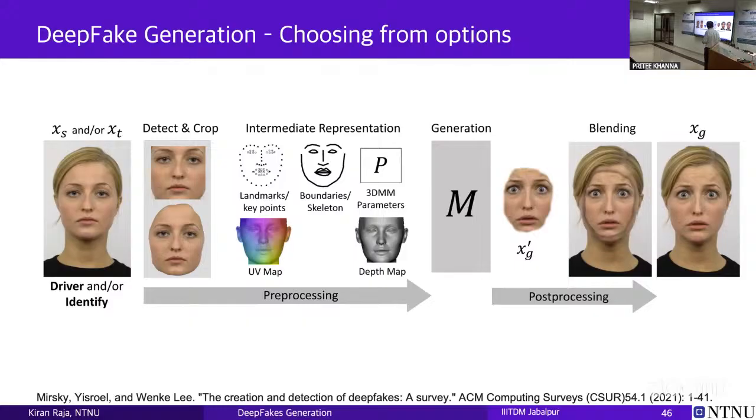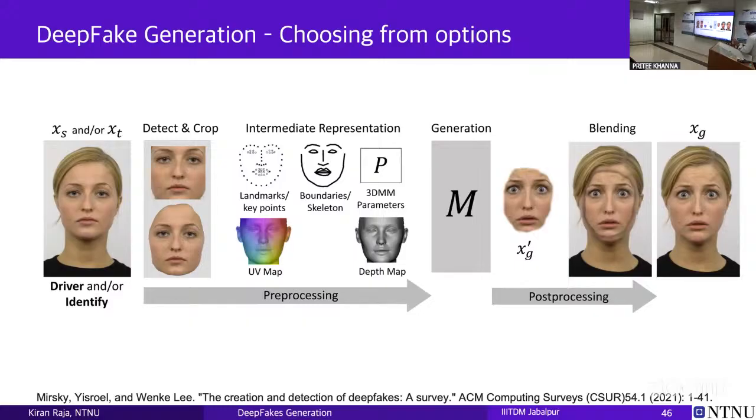As you can see here, the person from XS is changed to somebody else, and then you have these artifacts around the face area. At this stage, all you need to do is some primitive image processing. You just need to do some filtering and merge the discontinuity in the pixels, and then you have a better image.